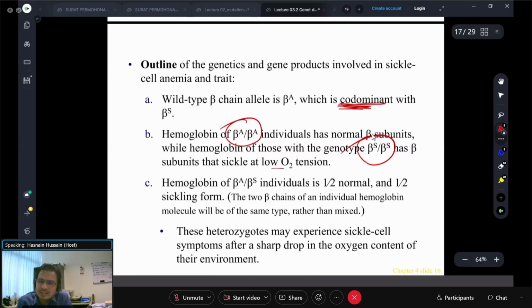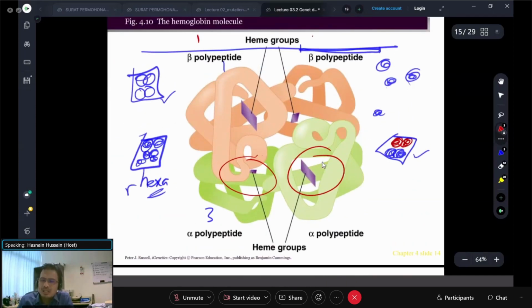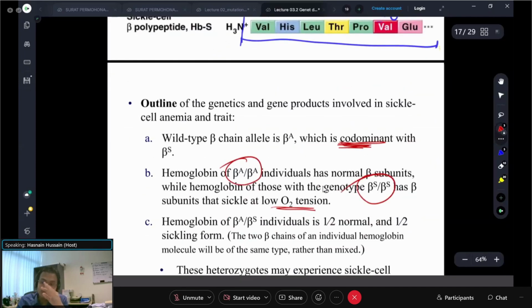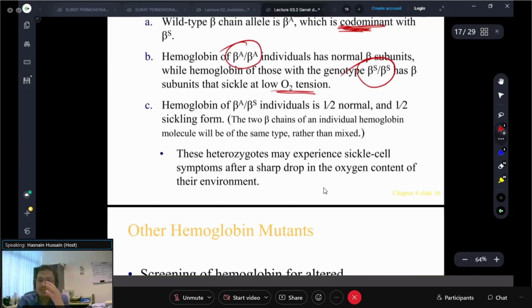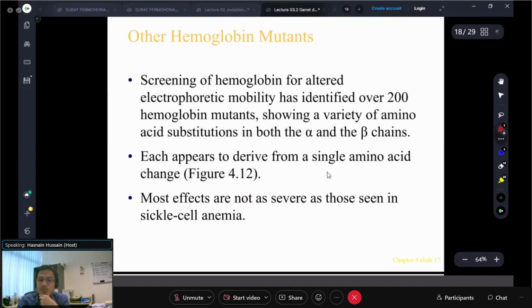With a low oxygen tension, there is inability for the oxygen to attach to this heme group, okay, to this heme group. So oxygen is not able to attach because the shape is slightly changed compared to the normal hemoglobin.